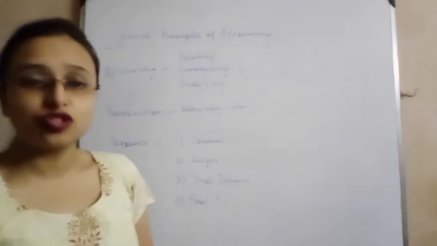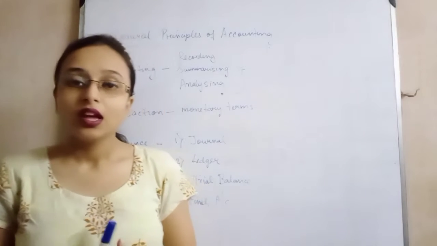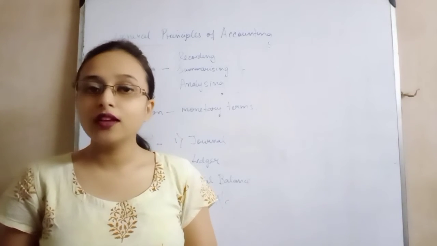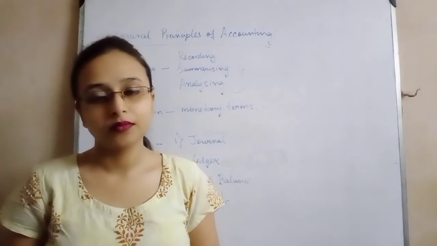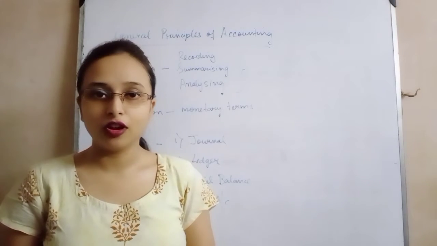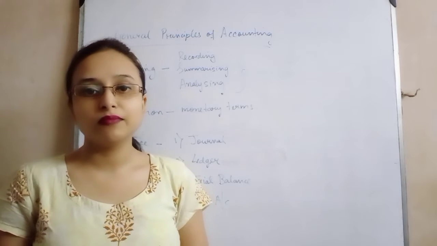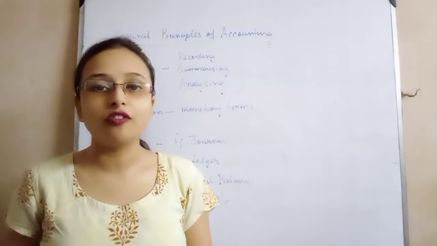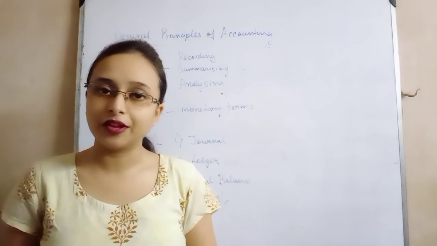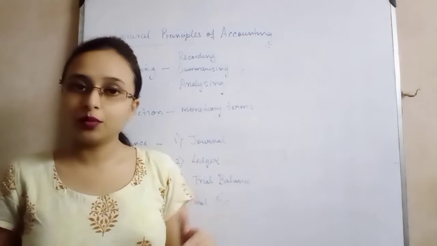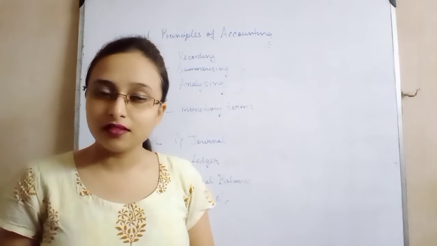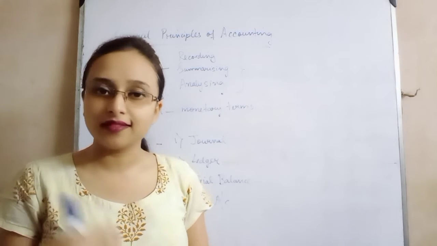Now, firstly, coming to journal. What is journal? Journal is recording your transactions in a chronological order. Now, what do I mean by chronological? Chronological means in the series of date as it is occurring. Maybe on the first you have recorded one transaction, so the next transaction will be on the second date.